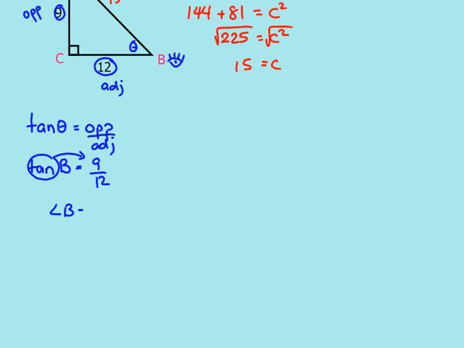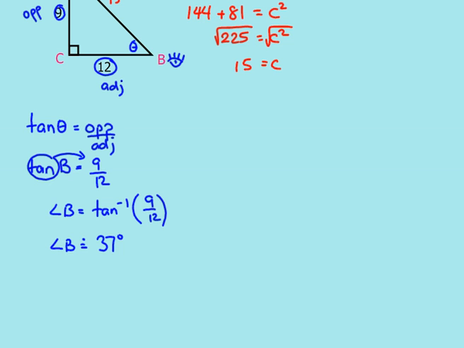Angle B is equal to, and then we're going to do the inverse. So remember, we brought the tan over. So angle B equals, and on my calculator, I'm going to press shift, tan 9 divided by 12, close the bracket, and I got 37 degrees. So remember, they said to round to the nearest degree, which means no decimal places, and I rounded.